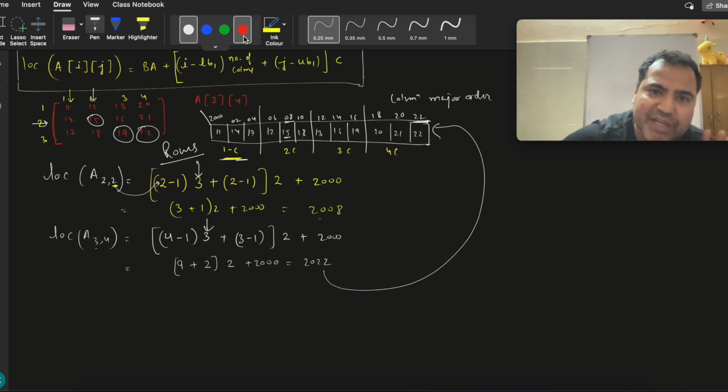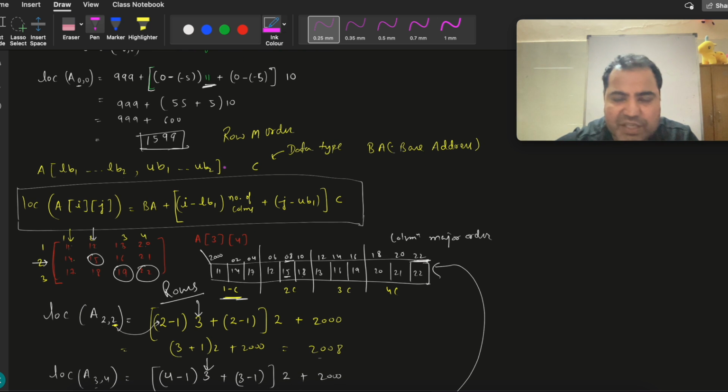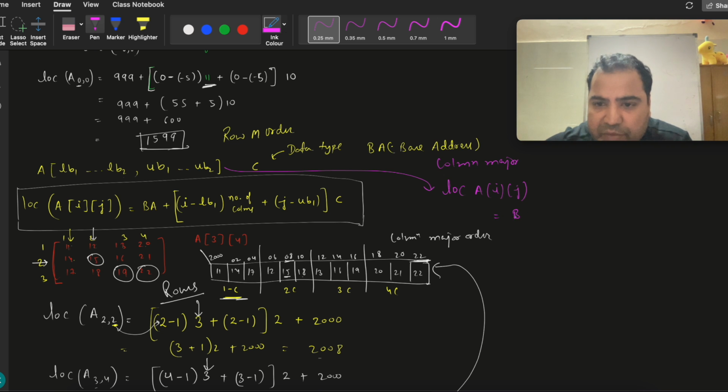Now if I write that formula, that is also fine. If I don't write it, then also it is fine, but still I will write it here. If this is being calculated as column major order, don't confuse it, right? You have understood the concept, you apply that concept only. Just for the sake of it, I'm writing, if I'm finding A of i comma j in column major order, what will be the formula?